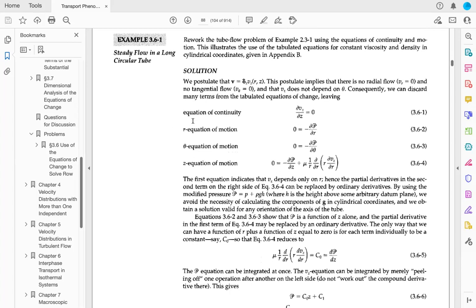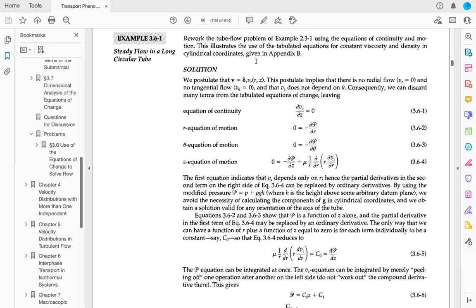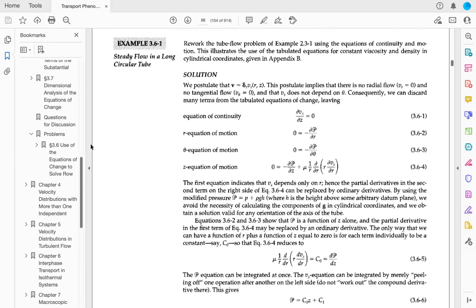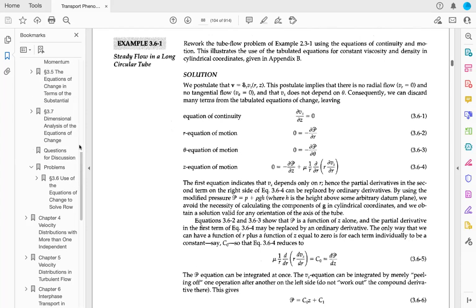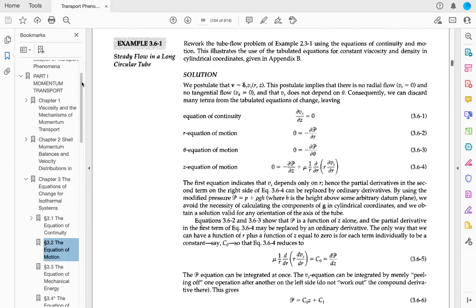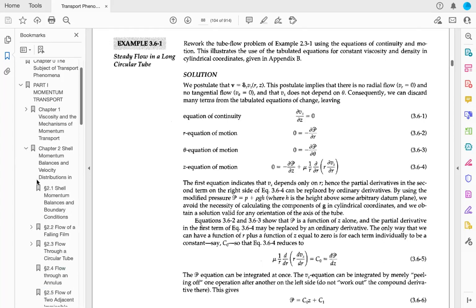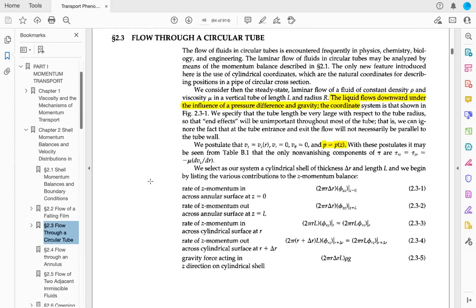So here you can see that if we solve using the equation of continuity, I need to prepare all the equations first from Appendix B. Let me open back to 2.31, the cylindrical shell case, the flow in a circular tube.